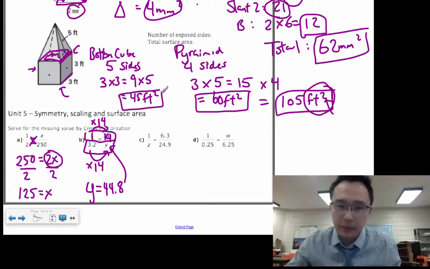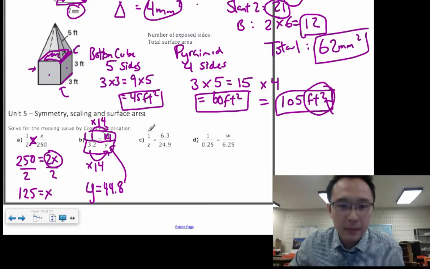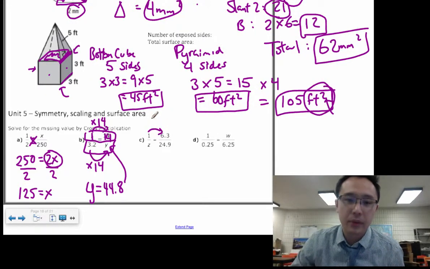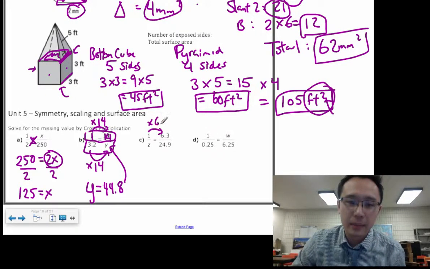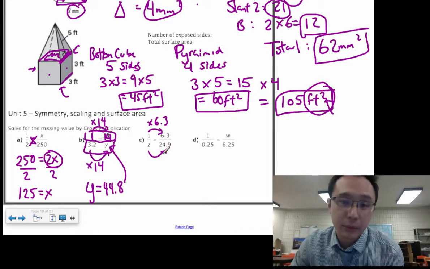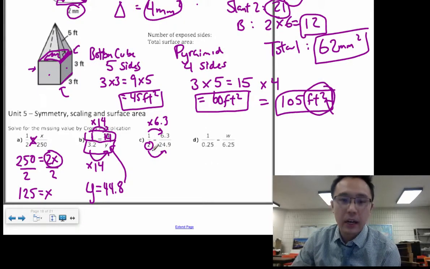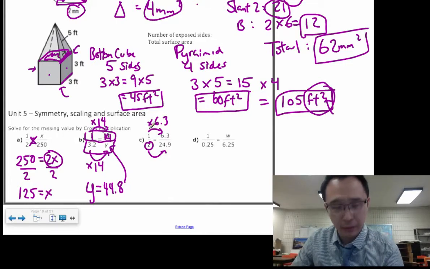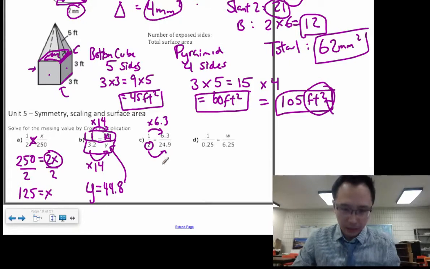So if you look at letter C, how many times does 1 go into 6.3? Well, you multiply by 6.3. So if you're going to do that, then that bottom z has to be multiplied by 6.3 to get to 24.9. But you don't have a number in the bottom. So how do you get that z? Well, if it takes you 6.3 times to go to the 6.3, to get back to 1 you're going to divide.